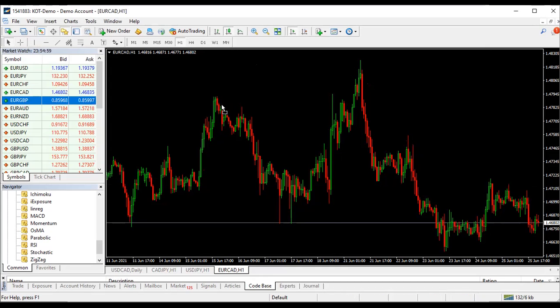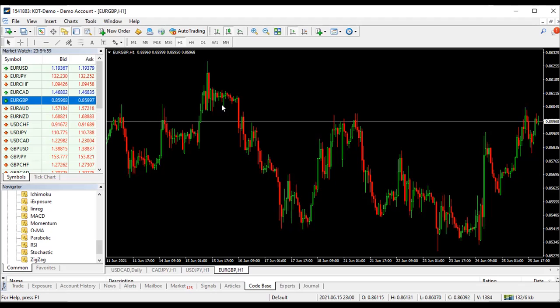Now let's pick another pair. Euro GBP. This is Euro GBP on 1 hour. What can you say? Now, we can say that this trend currently is also on an uptrend. Yes, on an uptrend because the first support is here, second one is here, and we have just experienced the third one, and it's on its way up.